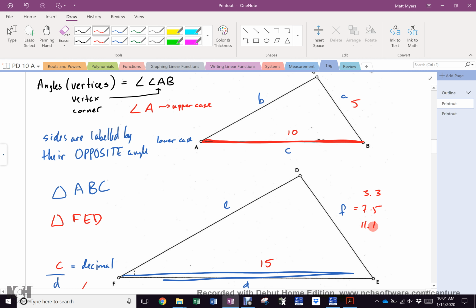All right. Well, I didn't think that was going to be the way that went, but I just told you that if you compare corresponding sides, C compares to D is 10 over 15, right? Then it's the same decimal if I compare 5 over F. So what symbol goes right there?